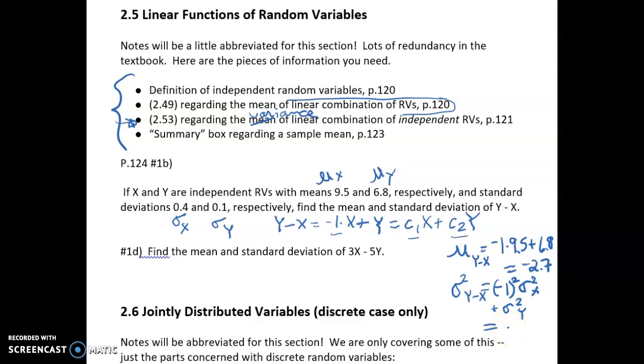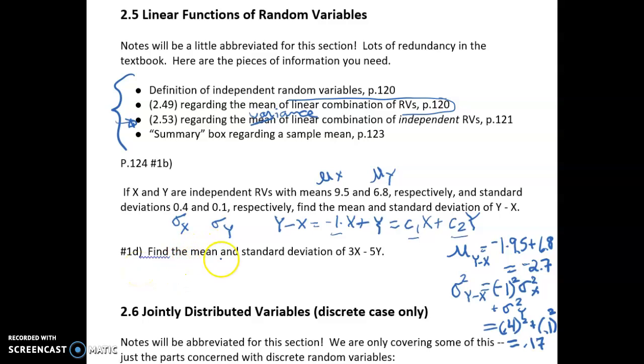So you'll get 1 times the variance of X, that would be 0.4 squared, because we've written standard deviation, plus the variance for Y, which is 0.1 squared. If I add those up, I get 0.16 plus 0.01, 0.17. So the standard deviation will be the square root of that. I didn't leave enough room, I'm really sorry. But in your notes, you can use as much room as you need.